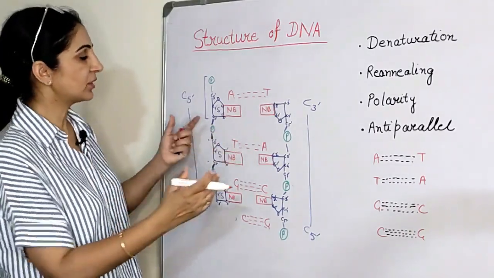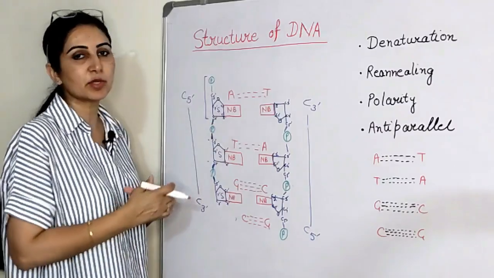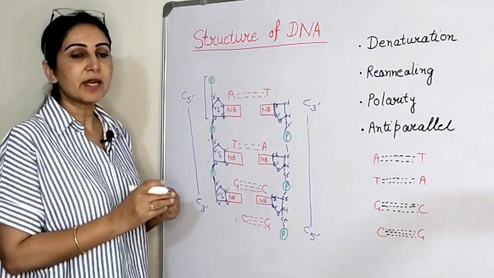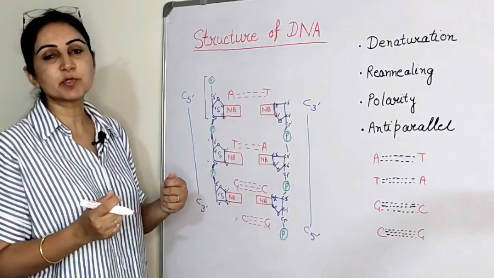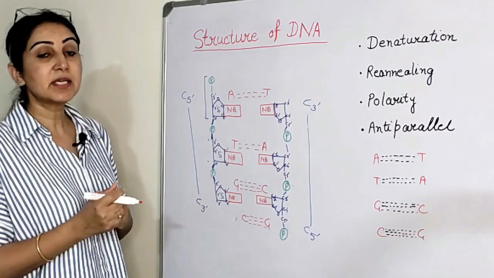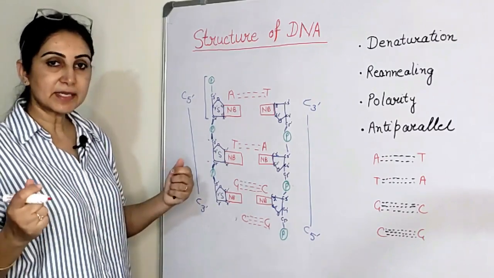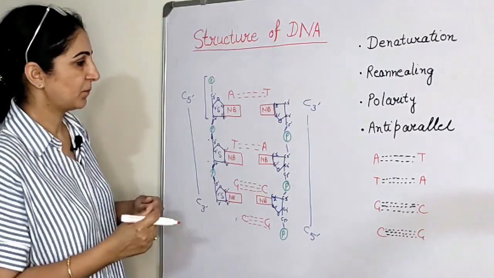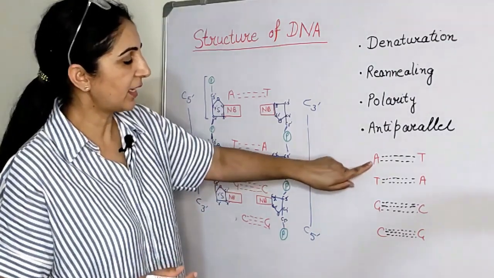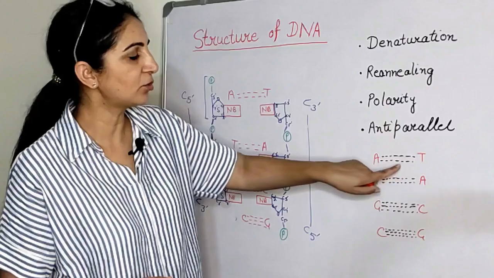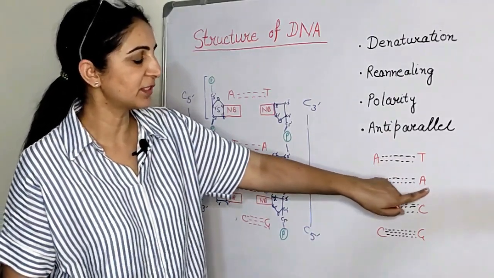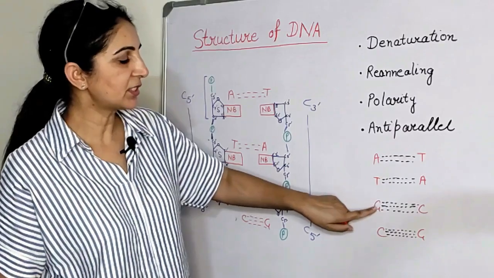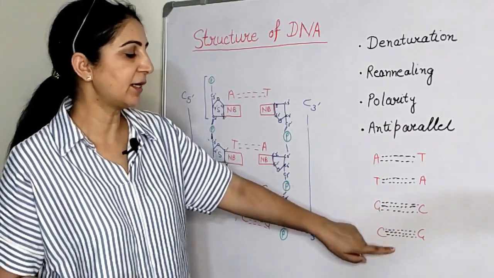And suppose these two strands again come together and form the bond, and again we get the double helical structure of DNA, this process is known as re-annealing. So adenine forms bond with thymine, two hydrogen bonds. Similarly, thymine can form two hydrogen bonds with adenine. GC, we have got three hydrogen bonds.